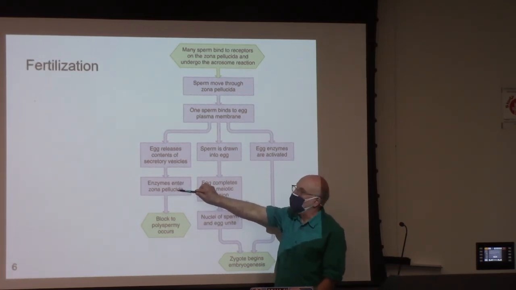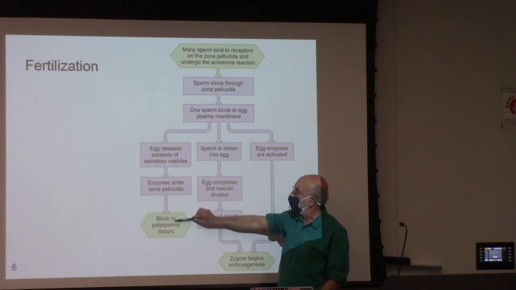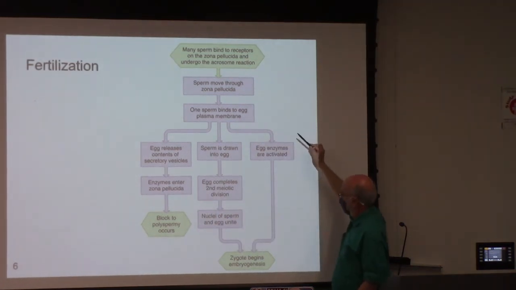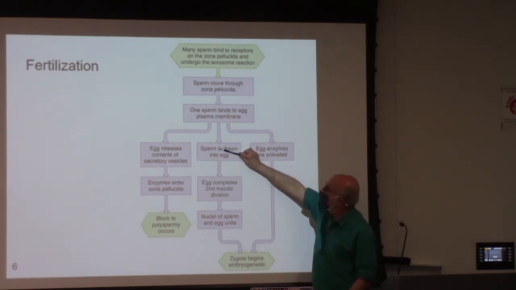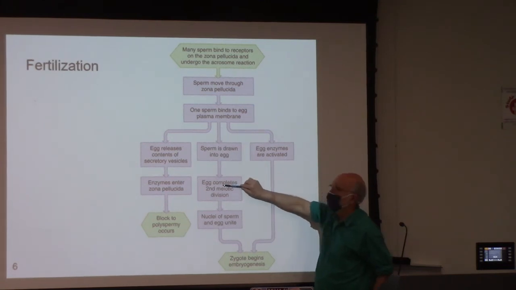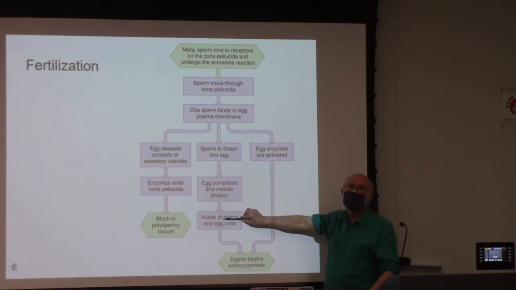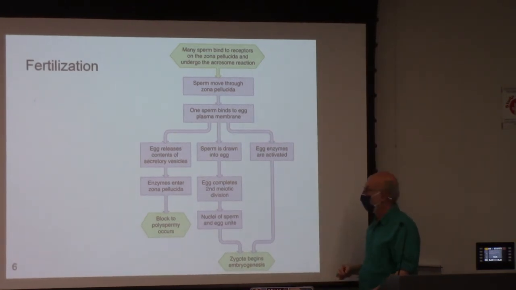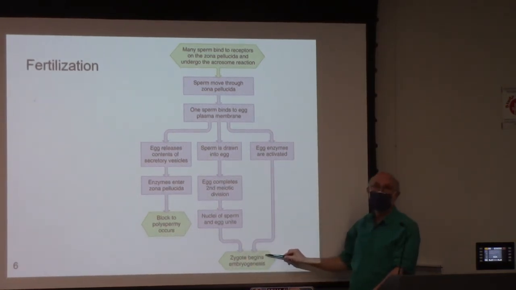Enzymes in the zona pellucida and in the extracellular matrix block polyspermy. The sperm is drawn through the cytoskeleton into the egg, triggering the second meiotic division, fusion of the two nuclei, and fusion of the genomes to make a diploid cell. And then enzymes to help with all that. And we have the beginning of the embryo.